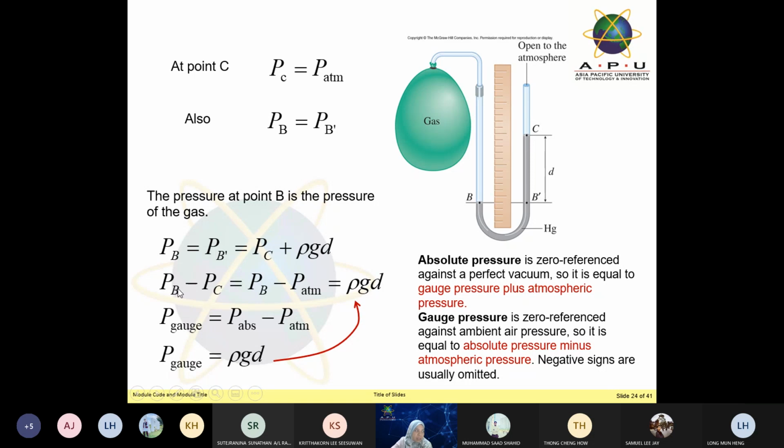So PB minus PC equal to PB minus P atmosphere equal to rho GD. Then P gauge equal to P absolute minus P atmosphere. So finally, P gauge equal to rho GD. Gauge pressure is zero reference against ambient air pressure, so it is equal to absolute pressure minus atmospheric pressure.